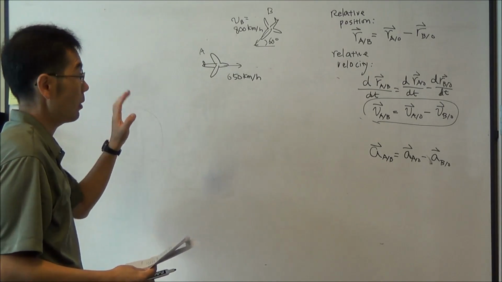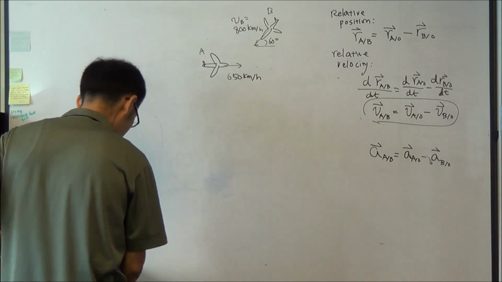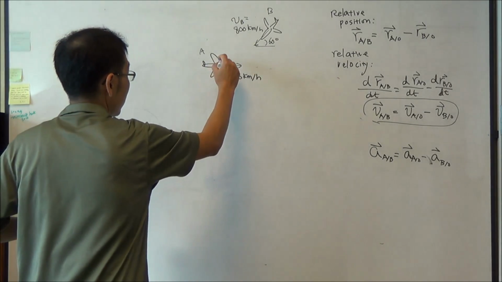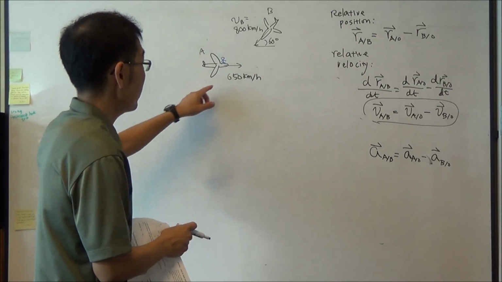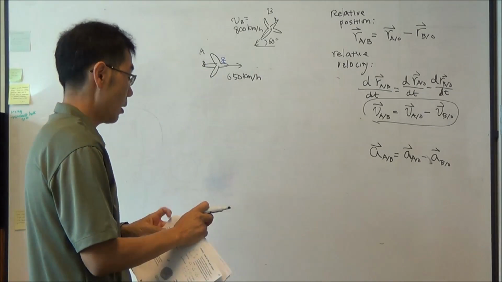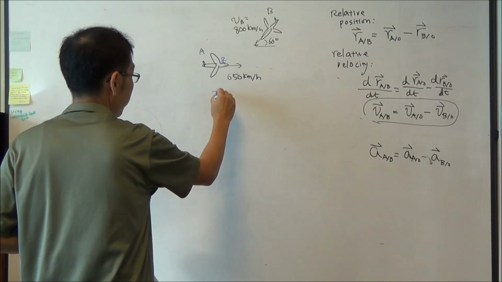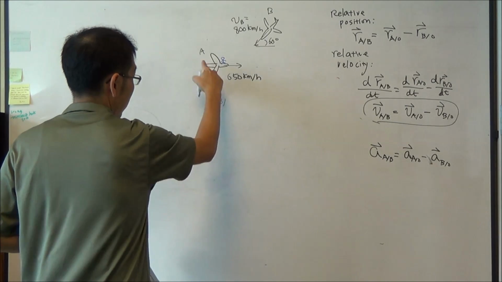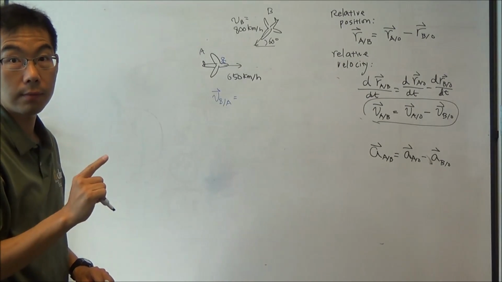Right now, just imagine that you are in plane A. So let's say you are right on plane A. And what's the velocity of B with respect to your position? So I want to find the velocity of B with respect to A. So this is relative velocity.